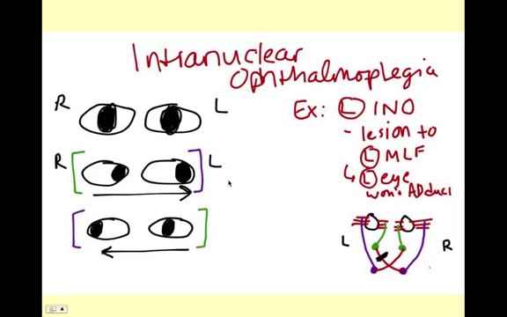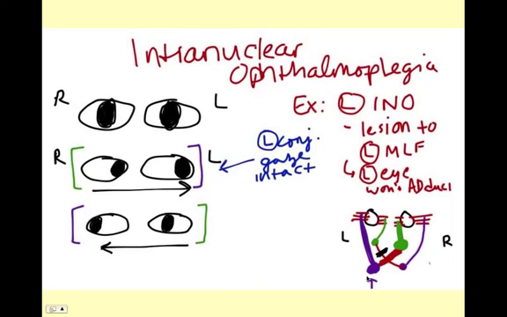Now let's say you want to look to the left. Well, if you look to the left, what gets activated? The left abducens nerve, because you want to move your eyes to the left. So the left eye needs to move to the left, and if the left eye is moving to the left, it's abducting, so we need to activate the lateral rectus, and that's via the abducens nerve. So the abducens nerve gets activated, and the right MLF gets activated, the MLF going to the right oculomotor nucleus.